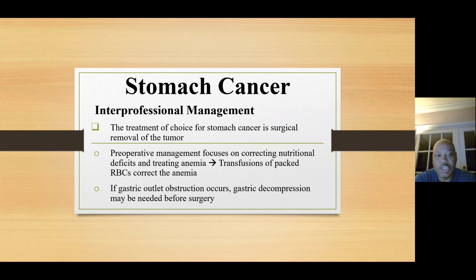Right. Now, lesions in the antrum or the pyloric region are generally treated by a procedure called a Billroth 1 or 2 procedure. So take a look at figure 41.16 for an example of that.